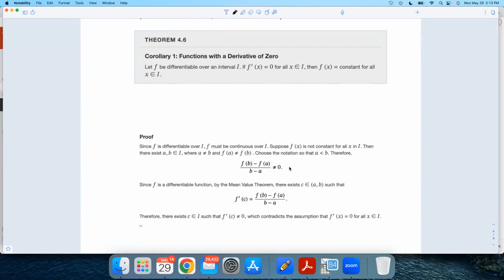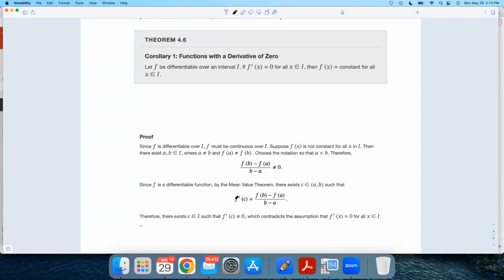Then by the mean value theorem, there's going to be some spot in the interval where the derivative at that spot is equal to the average rate of change. But we just said that this is always going to be zero. That was the necessary condition for the theorem. So there's no way this thing could be not zero if this is zero. Therefore, we have a contradiction.